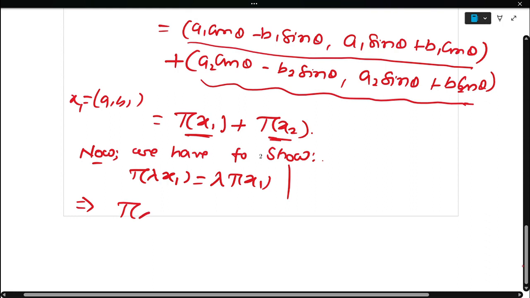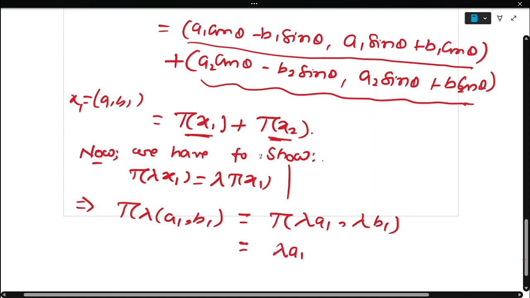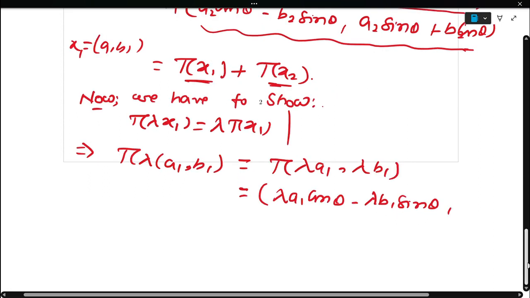It will be T of lambda x1, we have (a1, b1), and it will be T of (lambda a1, lambda b1), and this will be (lambda a1 cos theta minus lambda b1 sin theta, lambda a1 sin theta plus lambda b1 cos theta), okay.